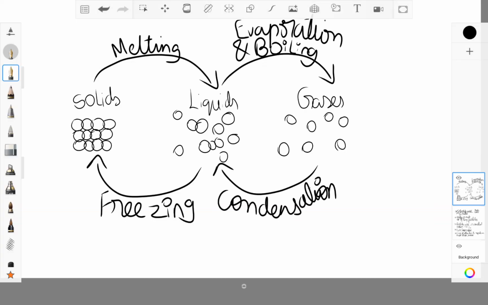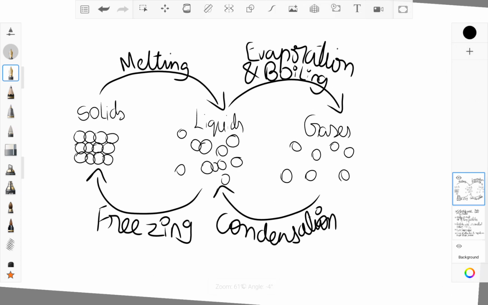Right. Now the next thing that the syllabus requires you to know is the terms that are used for the changes in state between solids, liquids, and gases. If, for example, ice, which is a solid, becomes a liquid, or it becomes liquid water, we say that it has melted. That's called melting.